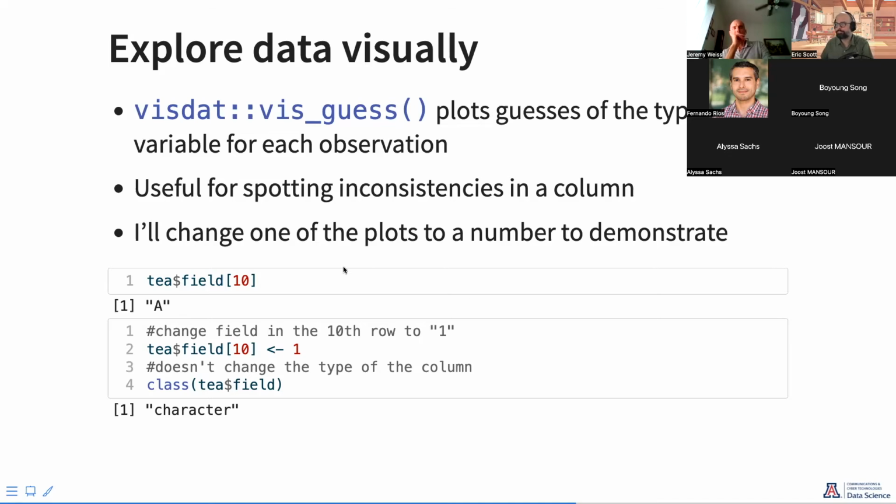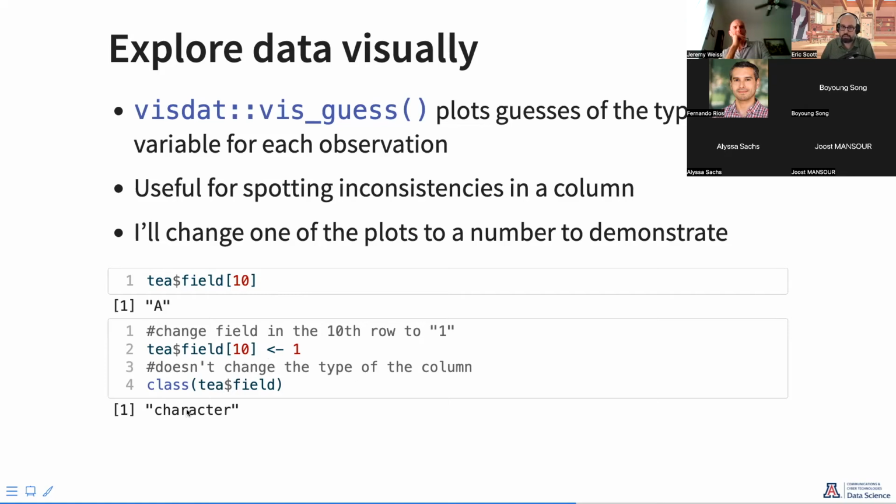What is it? So here's an example where I'm changing one of the values of field. So if I type T$field, that's the field column of the T data set, and the 10th value of it in square brackets there gives me A. So it's supposed to be either A or B. I could change it to the number 1 here by assigning that to a 1, but that doesn't change the type of the column.